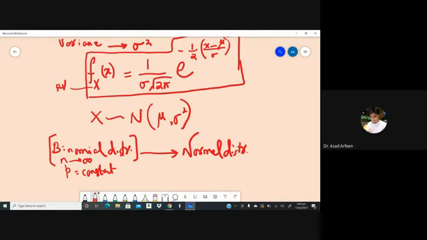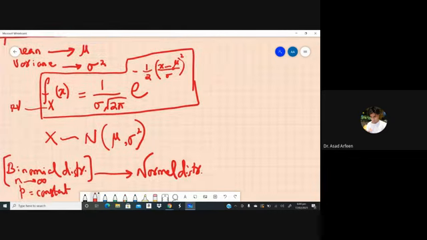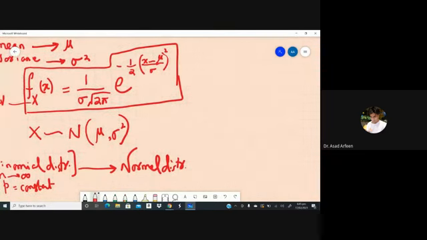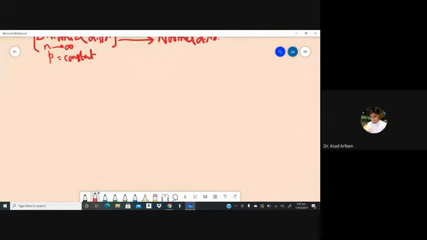In case of Gaussian or normal distribution, you can see that it's parameterized by the mean value and variance. If you see the plots in your book, if I plot the Gaussian, this is the plot of the Gaussian random variable. It can be like this, it can be like this.